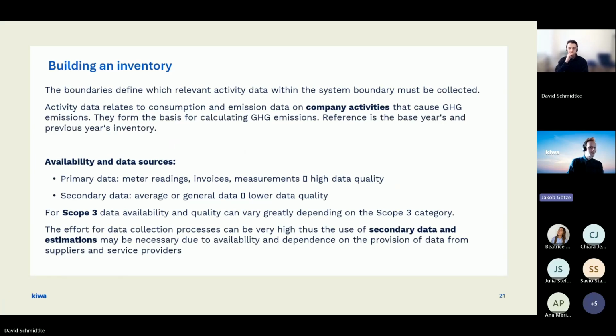This leads us to the next step in corporate carbon footprinting, which is the activity data collection. The activity data is the foundation of the calculations of emissions.